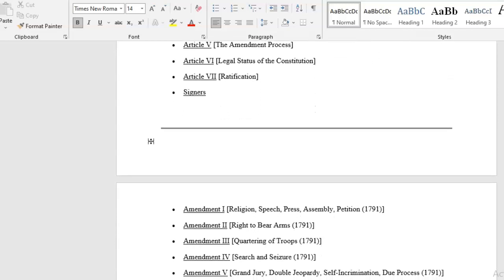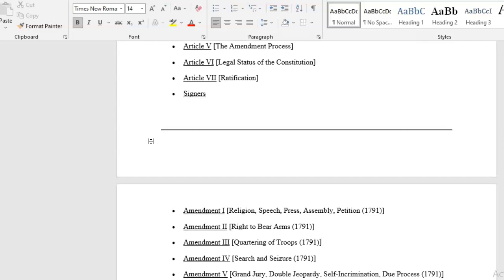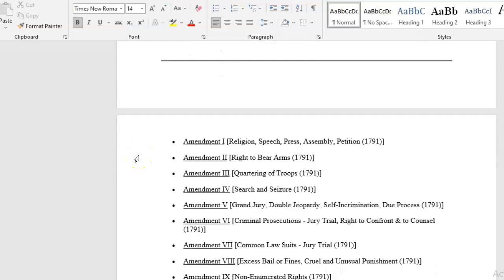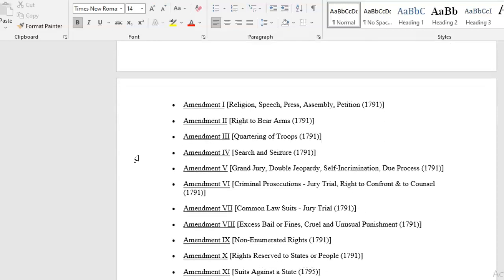And everybody needs to know this entire document. As I said, this is the basis, the foundation of law in this country.